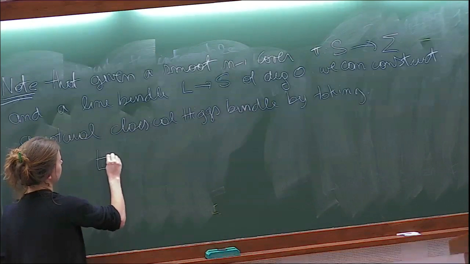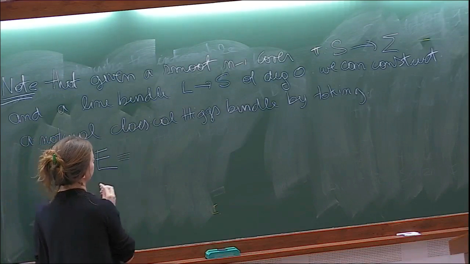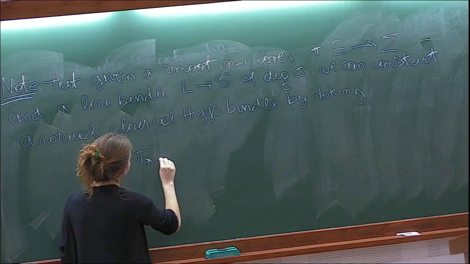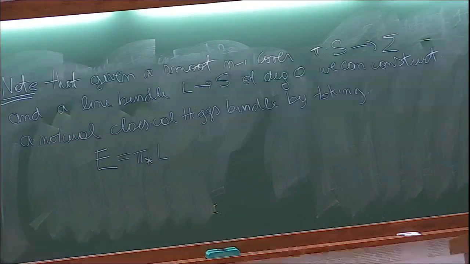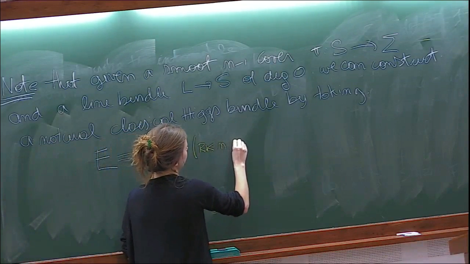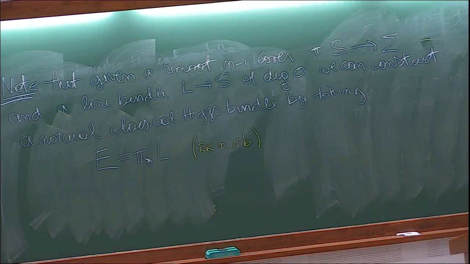So you're going to take the direct image of your line bundle. So your vector bundle E will be the direct image of your line bundle. This is a rank n vector bundle. And the way that you're going to construct your Higgs field is by pushing down the tautological section.